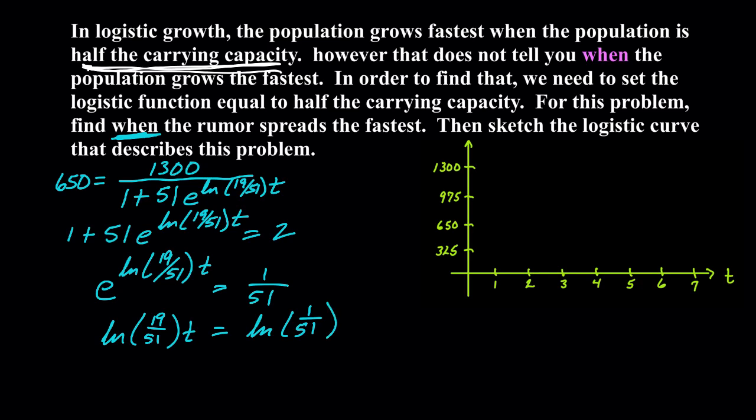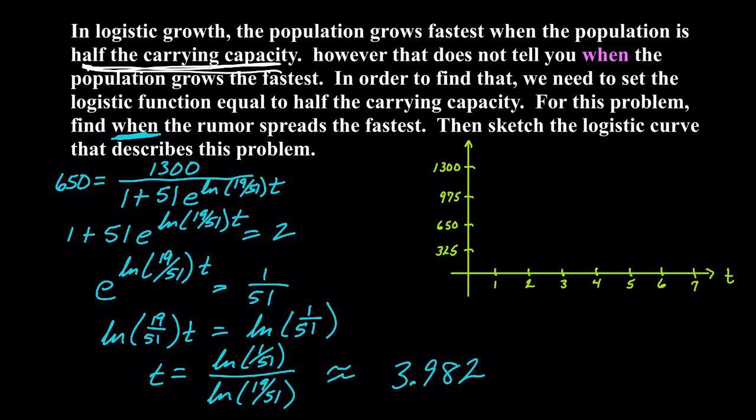What that is going to give us then is t is equal to natural log 1 over 51 divided by natural log 19 over 51, which comes out to about 3.982 days. So at basically 4 days, your population is going to be half the carrying capacity, growing at the fastest rate.